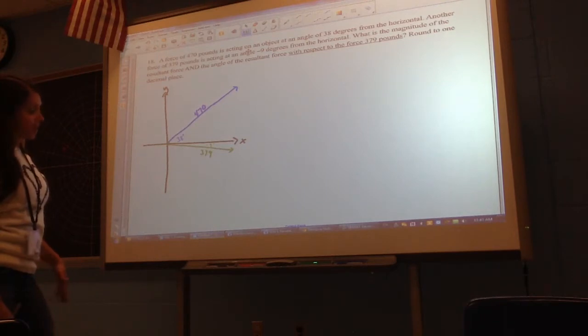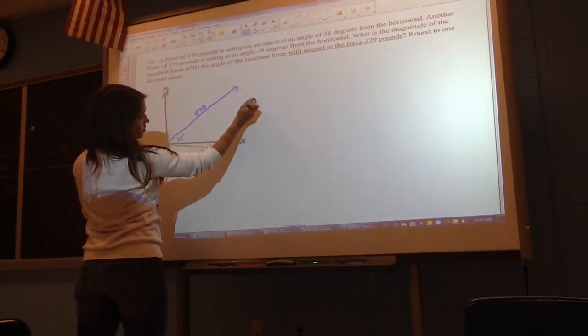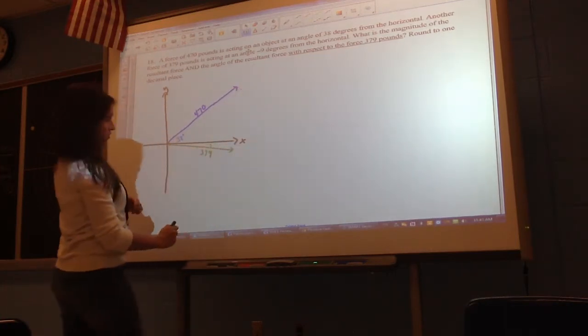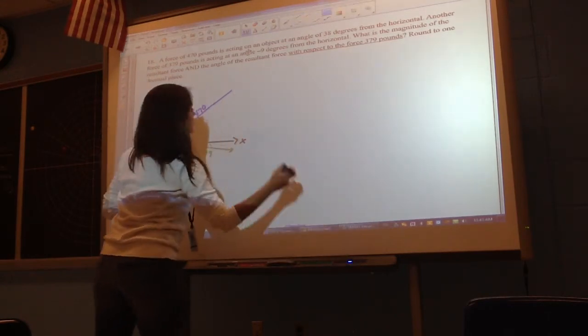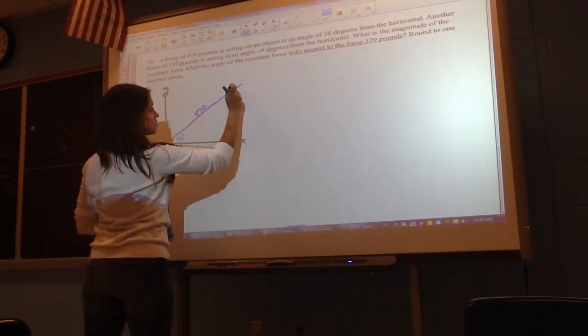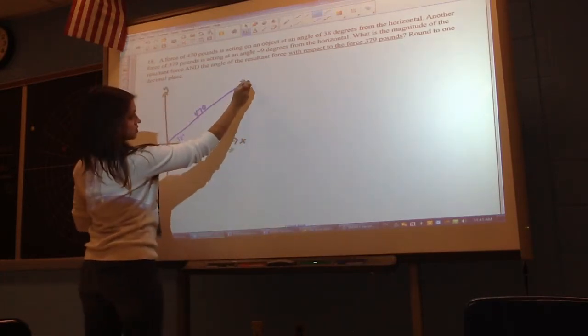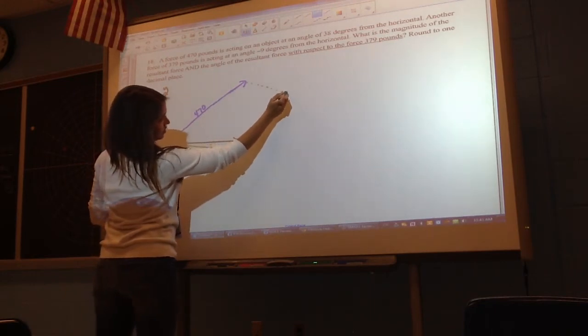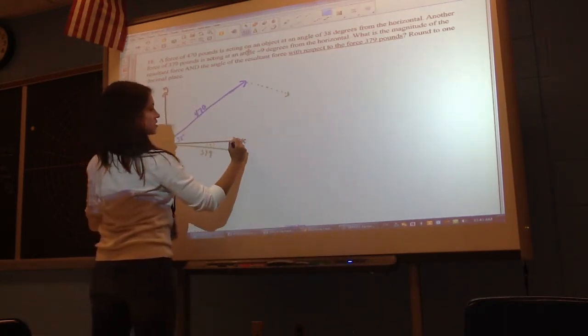So we're asked to find the resultant. Now I'm going to draw a little sketch. I'm going to finish my parallelogram to the best of my ability. That was not very good. Let me try that again. Or I can sketch this way.